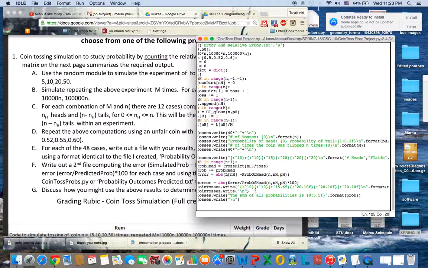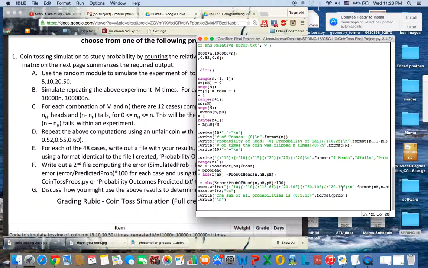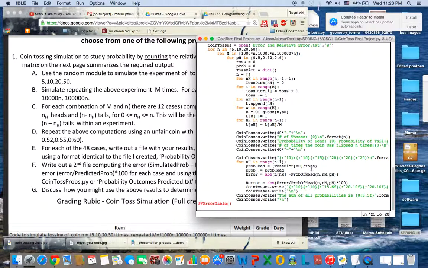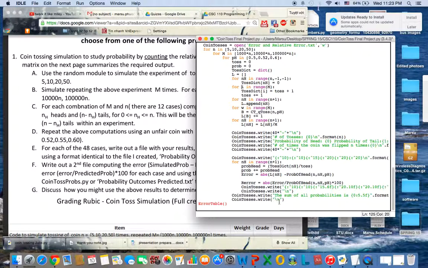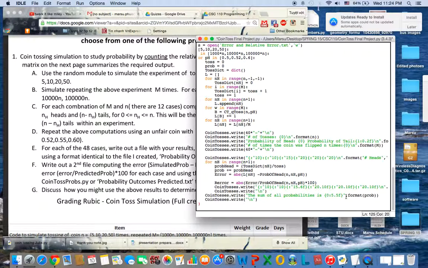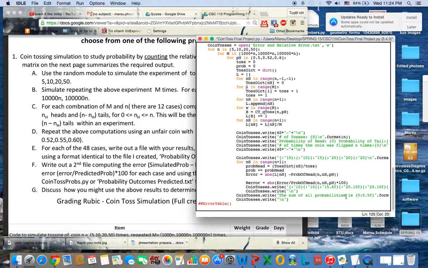Then we write a function using the format which returns the same as this one, call tosses, use the format of probability, submit, and run.